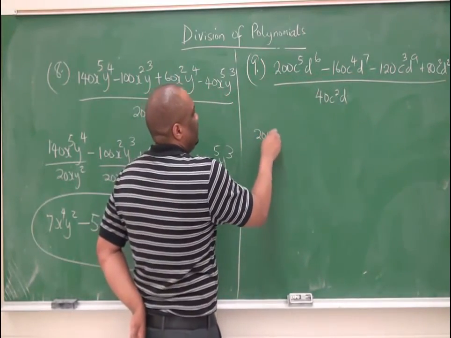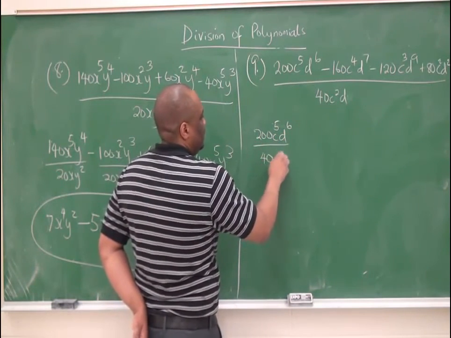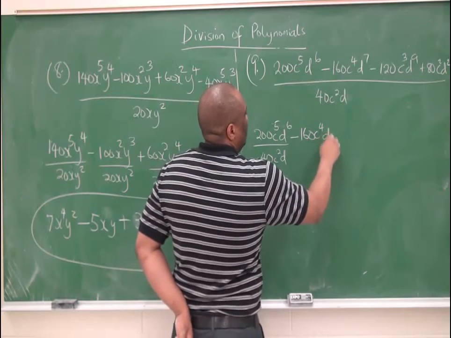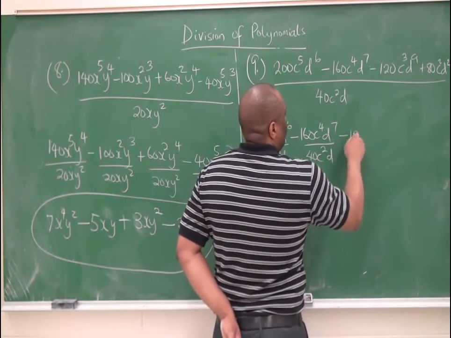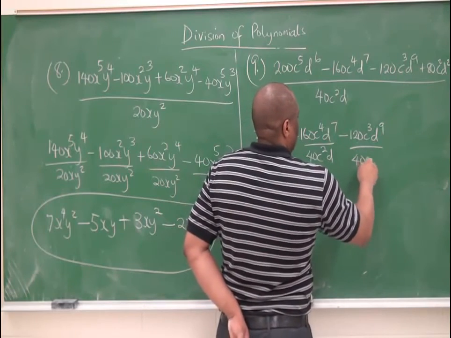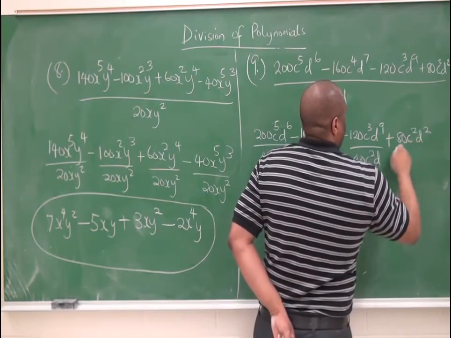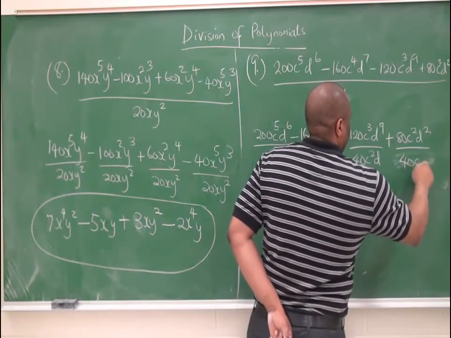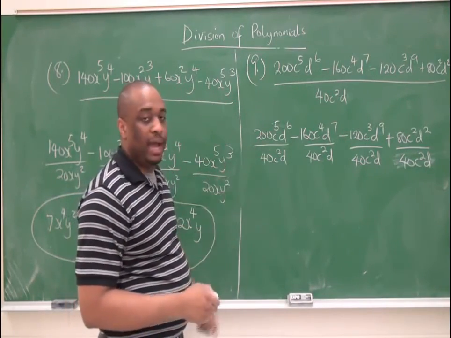Okay, so this would be what? 200c^5d^6 over 40c^2d minus 160c^4d^7 over 40c^2d minus 120c^3d^9 over 40c^2d plus 80c^2d^2 over 40c^2d. Okay, 200 divided by 40 is 5.